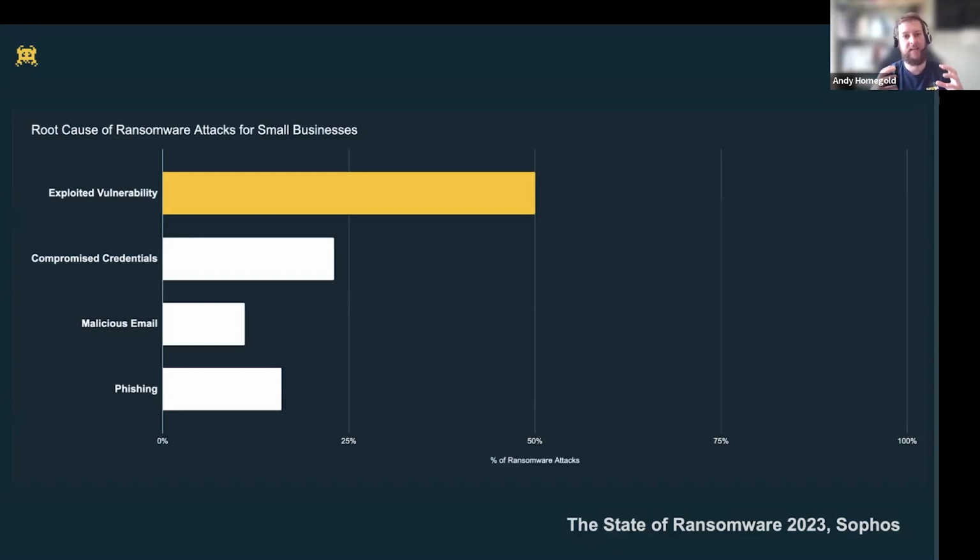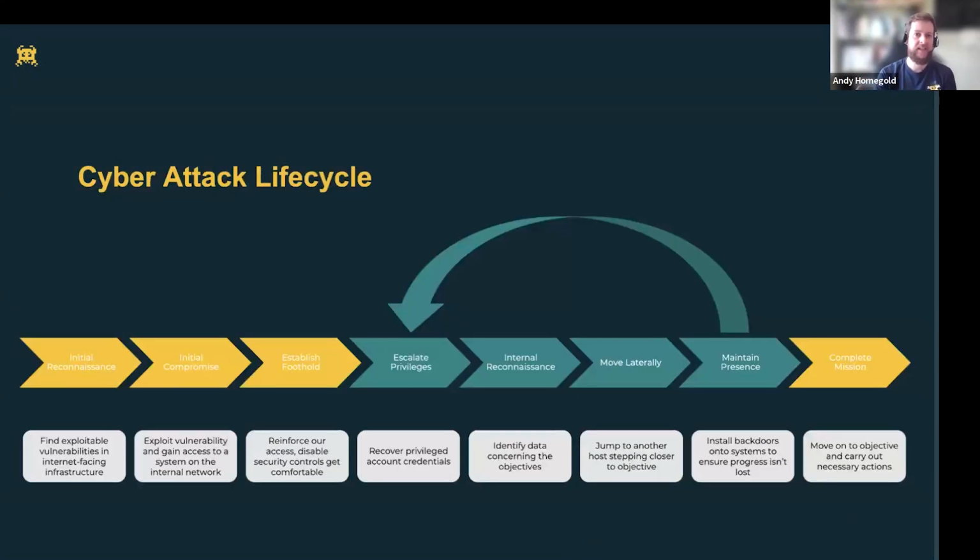One of the key things we try and do at Intruder is alert you to these kinds of vulnerabilities significantly before an attacker has an opportunity to find them. So what does an attack lifecycle look like for somebody trying to breach an organization? Some of you may be familiar with this, others maybe not. This is pretty much how I ground my thinking when it comes to what an attack looks like.